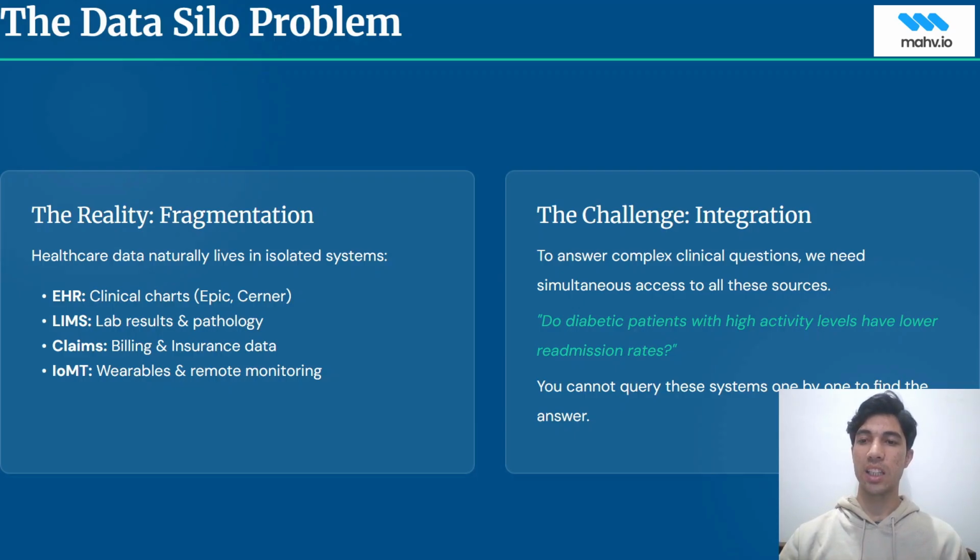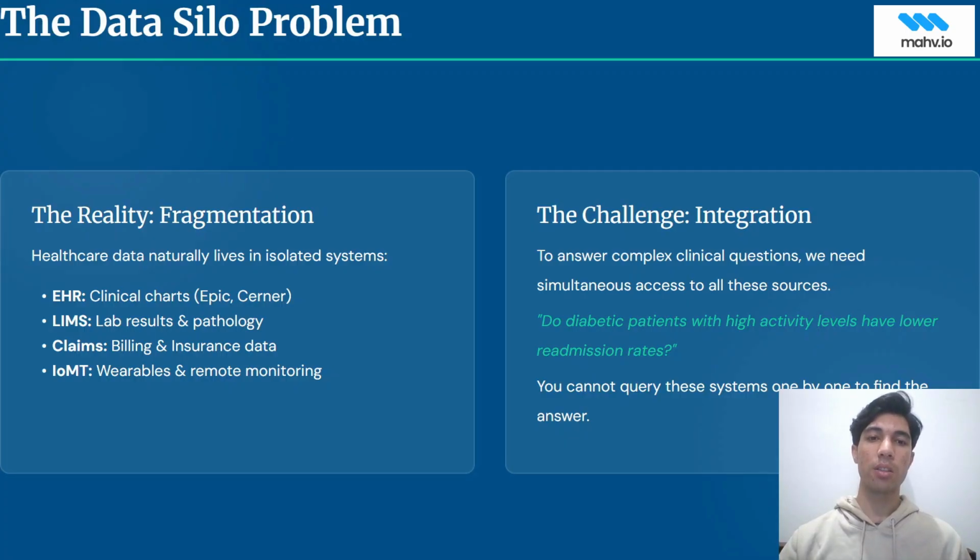Then there is billing and insurance data. They live in claims. Then there are wearable sensors and remote monitoring data, which live in Internet of Medical Things format. So the challenge is: how do we integrate all this data from these different sources into one single system?